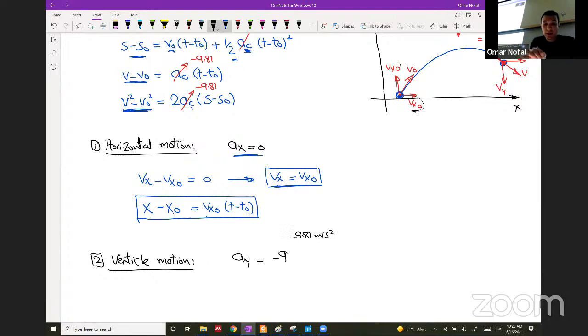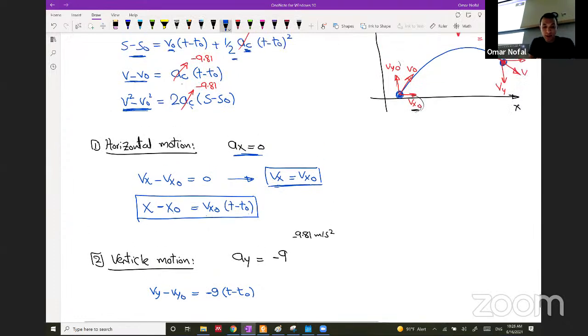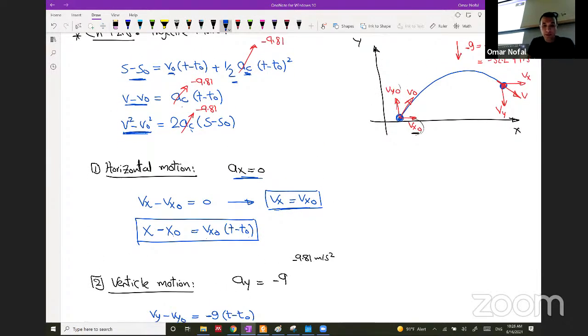Writing the same equations, you will have that Vy minus Vy node, if you substitute here, will give you negative g multiplied by t minus t naught. And for y, let's substitute here.